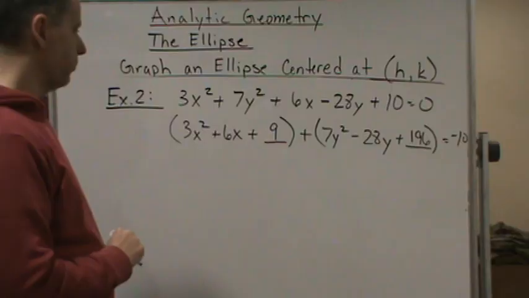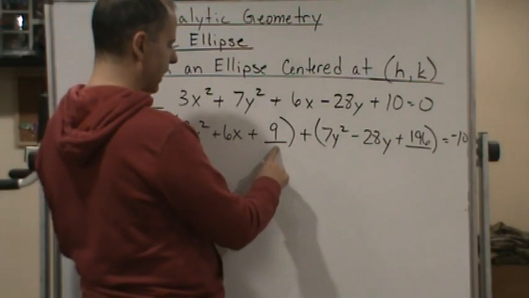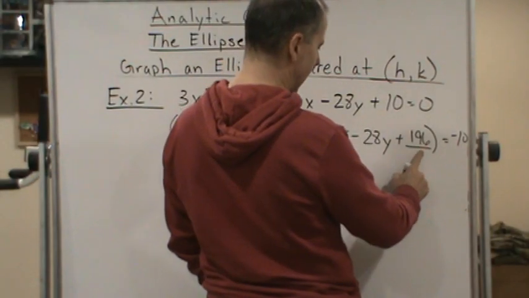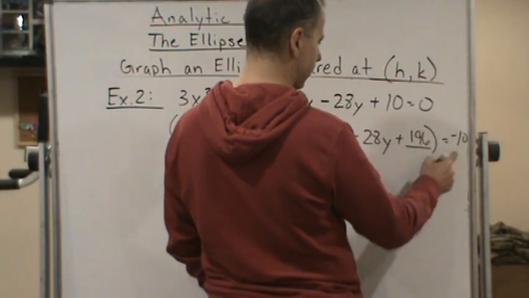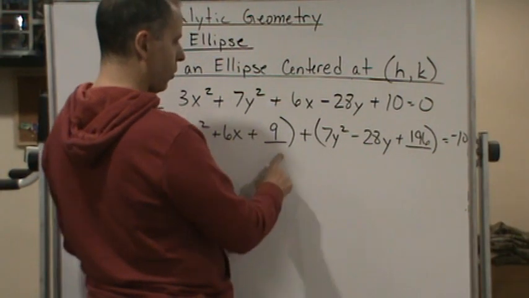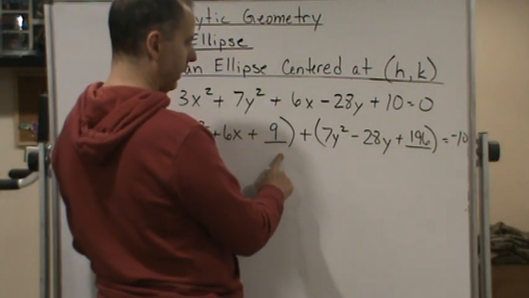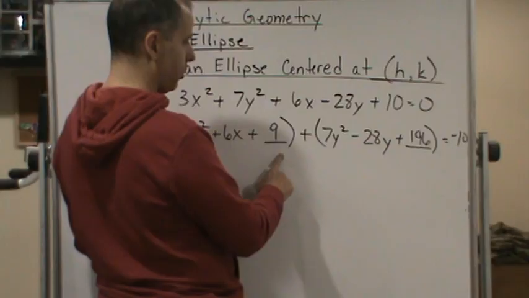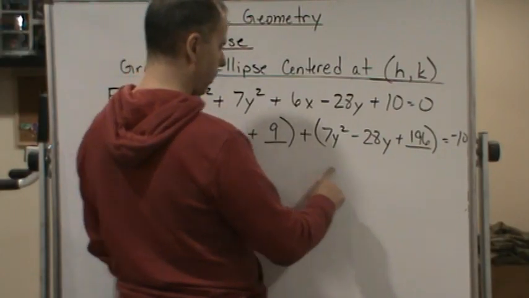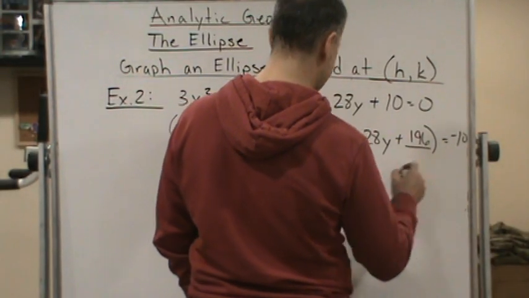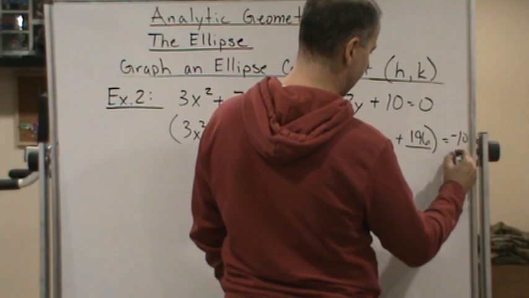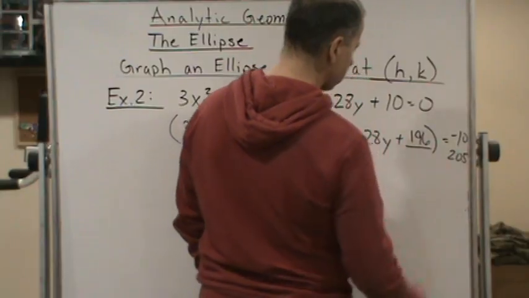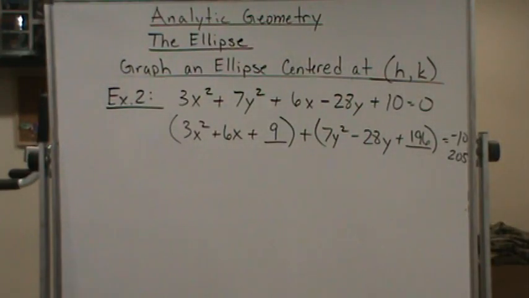Now, since I'm going to add a 9 here, and I'm going to add 196 here, I'm going to have to add the same amounts on the other side. So this is going to give me what? It's going to give me 205. So I'm going to add 205 to this side here. So since I'm adding 205 to the left, I'm going to add 205 to the right.